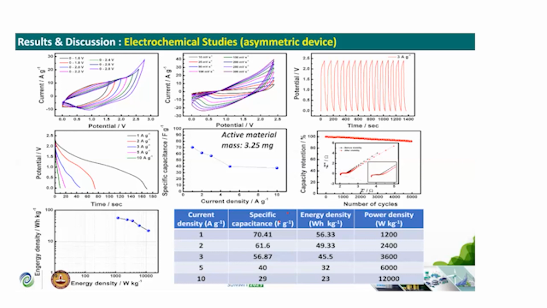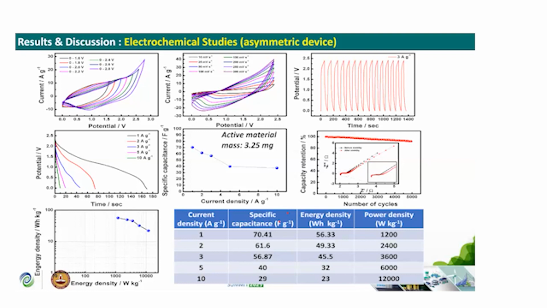Then in the second slide, we have demonstrated the different scan rate effect. With increasing scan rate, the current density also gradually increases, and we also observed a high integral current area, which demonstrates a high energy storing performance of the material, followed by charge discharge characteristics performed at different current densities. We have observed a maximum specific capacity of 70 F per gram.